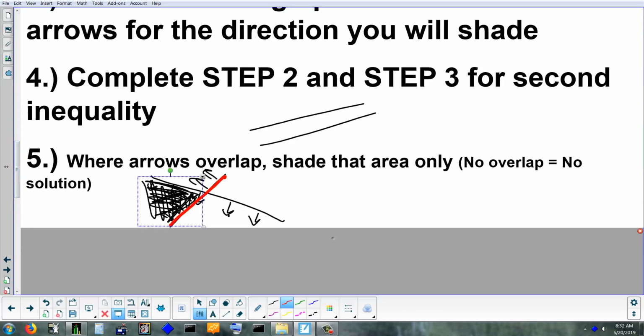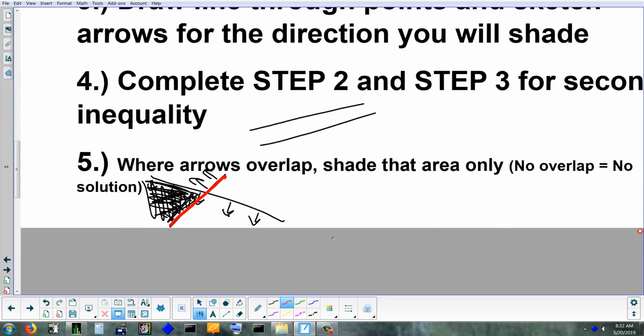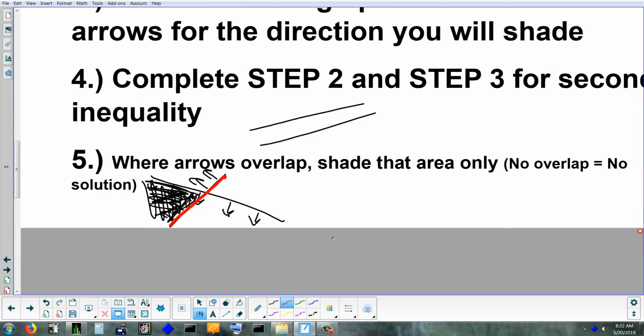Over here, well, it's below the black, but it's also below the red. No. Over here, no. We want it to be above the red. Over here, it's below the red. Up here, well, up here you're above the red, but you're also above the black. And the arrow said below the black. Okay. So that's why we don't shade right away.